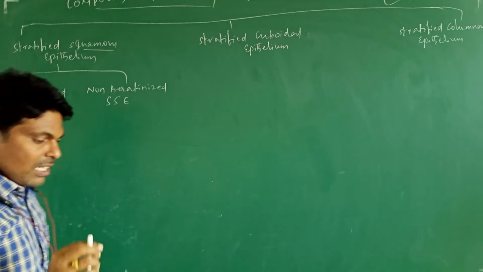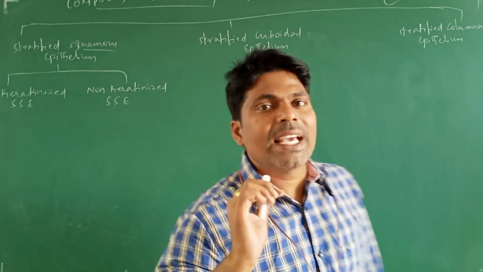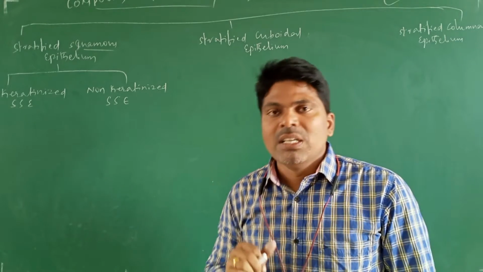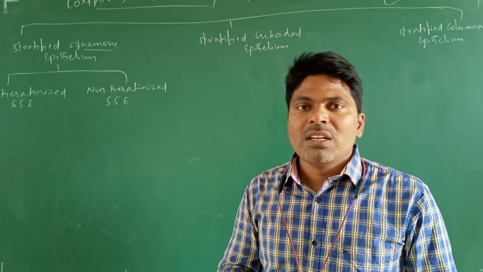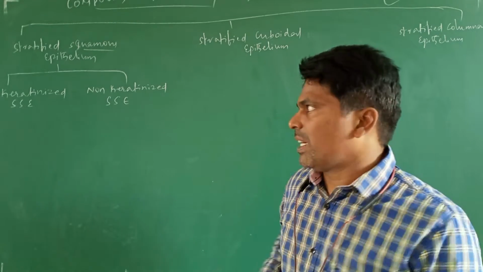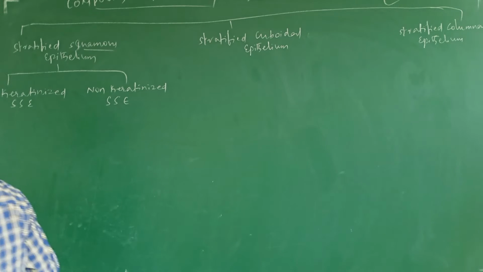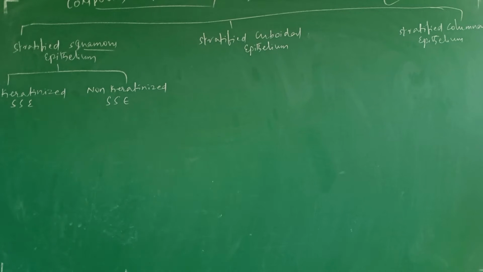Keratin is the protein which is present in hairs, in skin, in the sole and palm of the skin. So based on presence or absence of keratin, stratified squamous epithelium is differentiated into keratinized and non-keratinized.